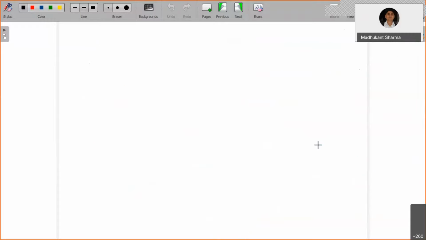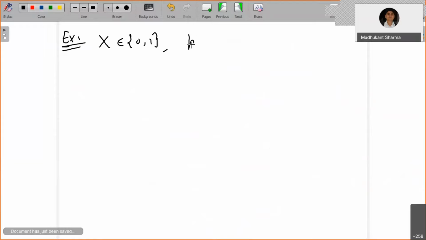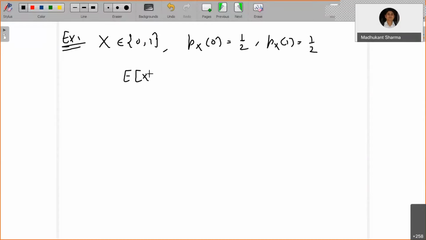So let's take one example. Let's take a random variable X which takes values from the set {0, 1}, and let's say its PMF is such that they are both equally likely: PX(1) is 1/2. So what is the expected value of X?